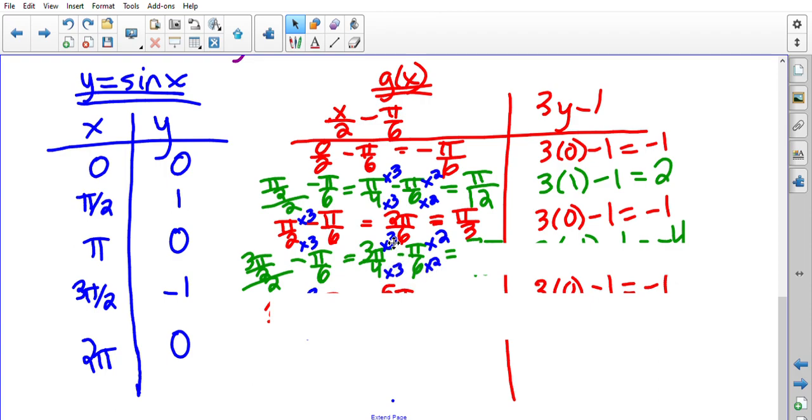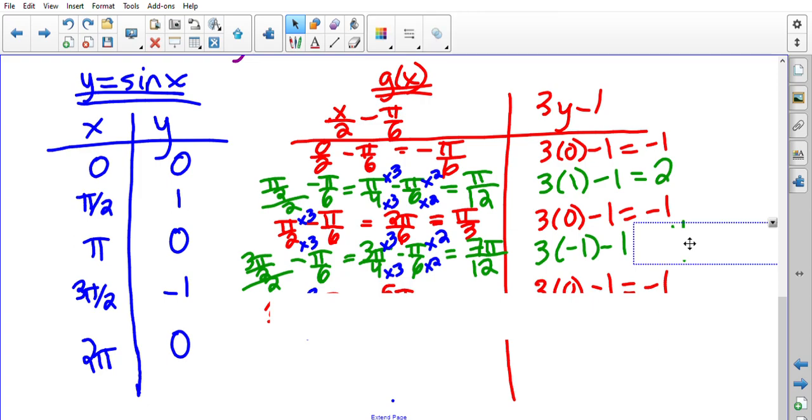Multiply these top and bottom by 3, these top and bottom by 2. So here we're going to get 9 pi minus 2 pi. That's going to leave us with 7 pi over 12. For y, we're subbing in -1. So we're doing 3 times -1 minus 1, which will leave us with -4.